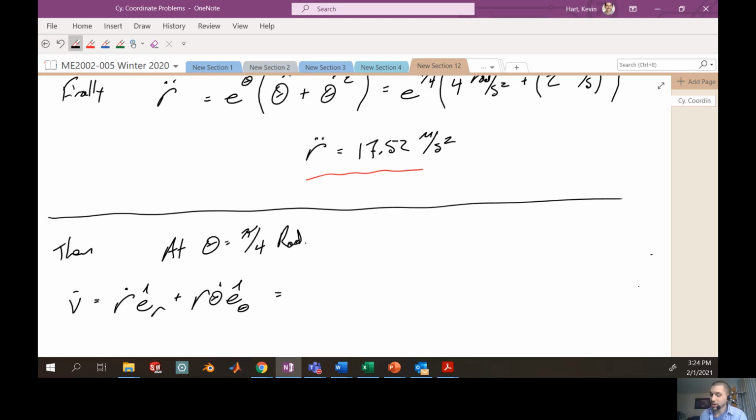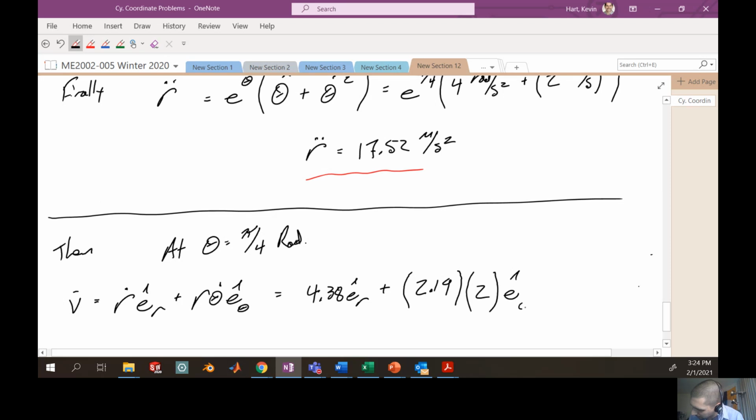We have this r dot value, which you've calculated as 4.38, plus the value of r, which we calculated as 2.19. Sort of dropping my units here. Theta dot, which is 2 radians per second, e hat theta. And then on this entire thing, we will have meters per second.